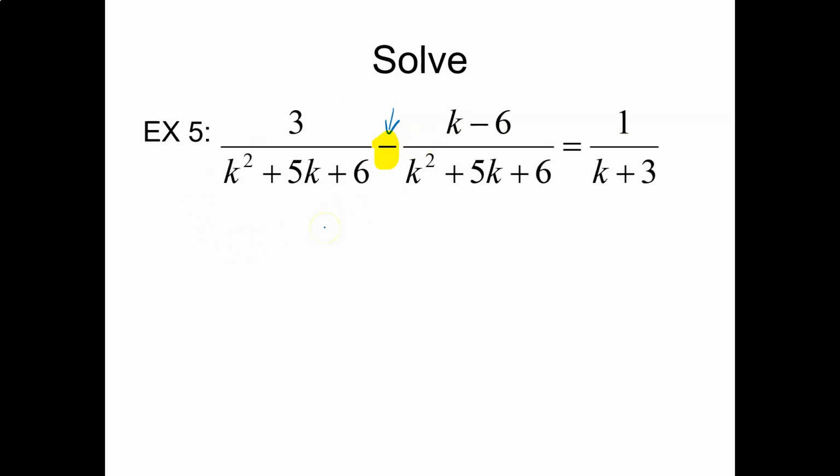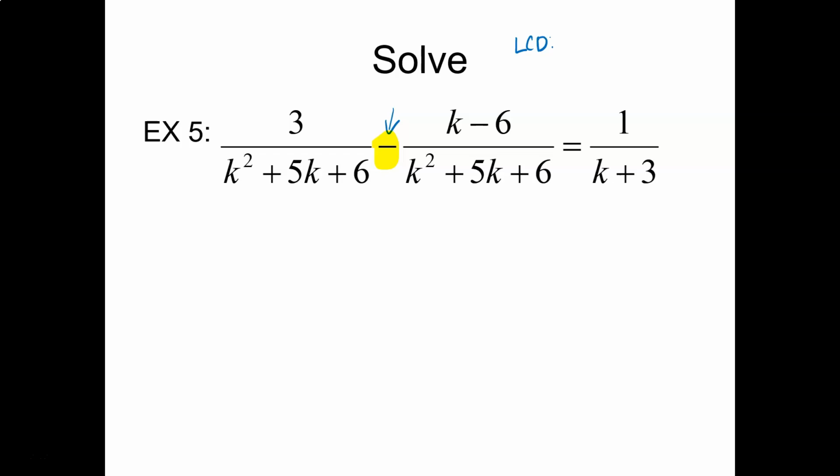All right. The least common denominator for this. We have two different denominators, k squared plus 5k plus 6 and k plus 3. It is possible to use k squared plus 5k plus 6 and k plus 3 as your common denominator. However, if you do, you might get something to the third power. It's going to be more complicated to solve.